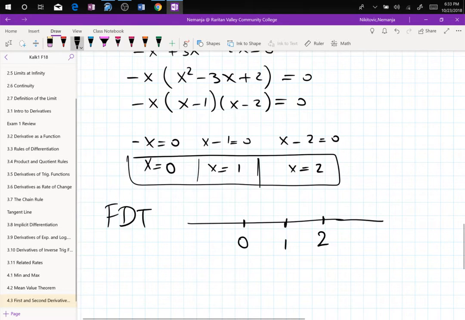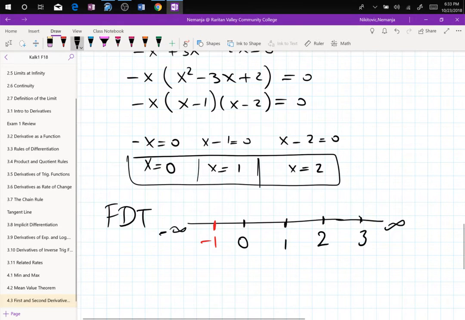So what do we do now? Pick test points. Great. So clearly negative 1, that's the easy one, right? In this negative infinity to positive infinity. There's also number 3 over here.